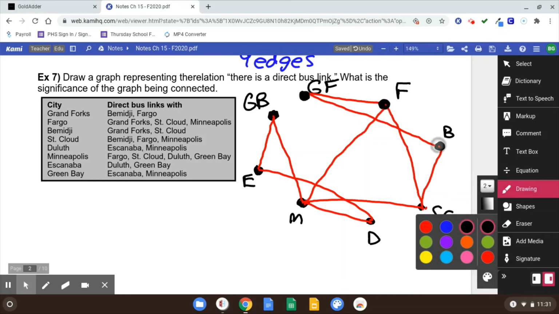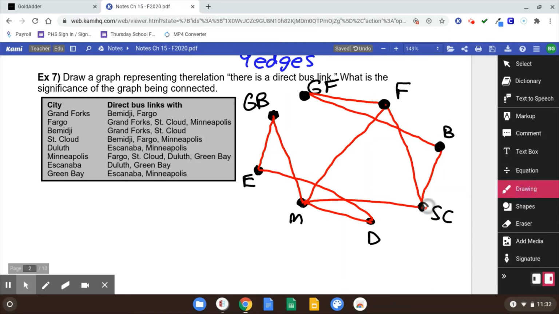So what we've just shown is all these connections, specifically these bus routes, the direct link. And we're going to use this graph later to solve a problem like, what's the best way to get there? What's the fastest way to get from city to city? Okay. What is the significance of this graph being connected? Well, if it wasn't connected, we wouldn't be able to get from all of the cities to all of the other cities. So the fact that it's connected allows me to get from any city to any city.